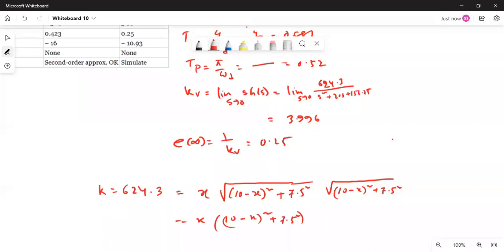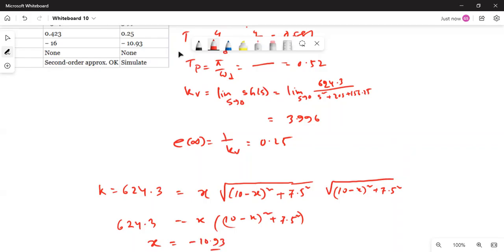So that is your formula. Now we can solve it, or using trial and error, you can find the value of x that will give you 624.3. Eventually, you're going to see that the value of x will be around, according to the book, minus 10.93.